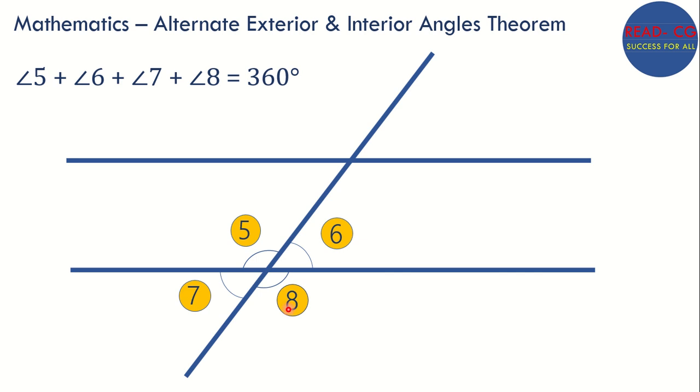Now here the sum of angle 5, angle 6, angle 7, angle 8 should be equal to 360 degree. So here angle 5 plus angle 6 plus angle 7 plus angle 8 should be equal to 360 degree.